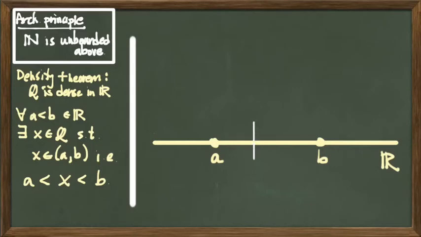I want to show that there's a rational number x that I can find in between A and B. So here's how the Archimedean theorem is actually going to help us do that.